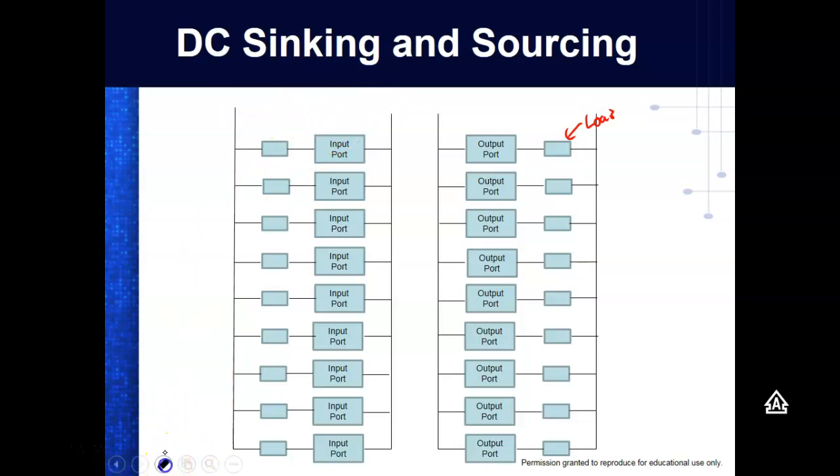The inputs could be set up like this, where I come over here and I bring the negative in here, then I would put the positive over there. That makes sense? Yes or no?